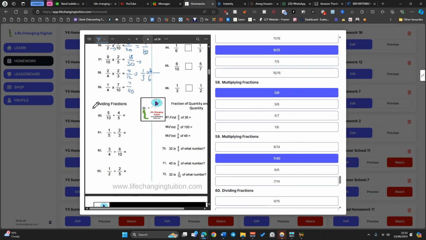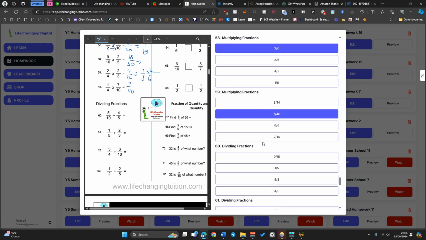Question 60, dividing fractions now. So this one is 5 divided by, so we're dividing, all you have to do is change the, it's called KFC, right? So you keep, flip, change.